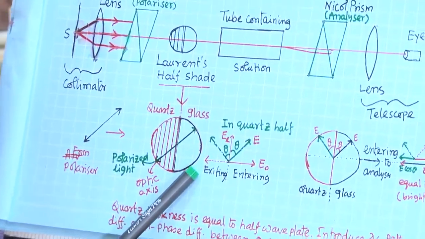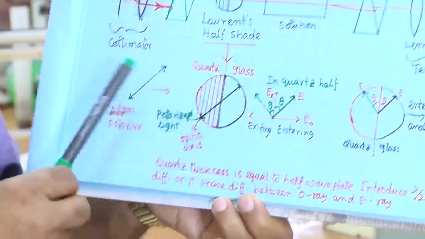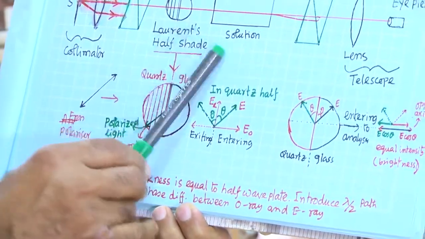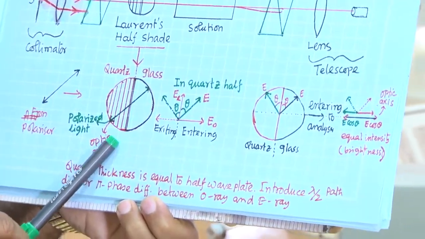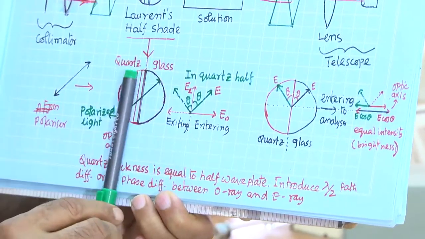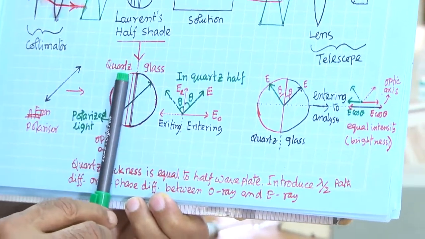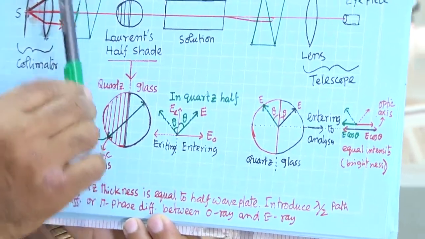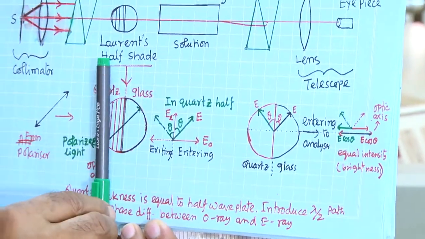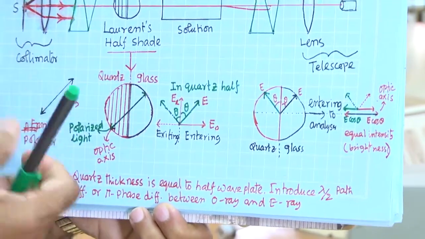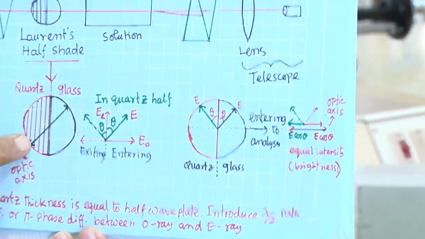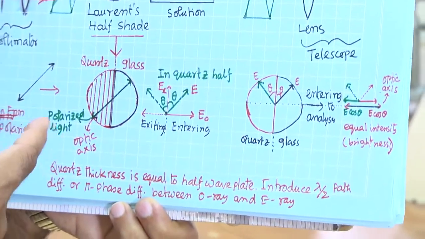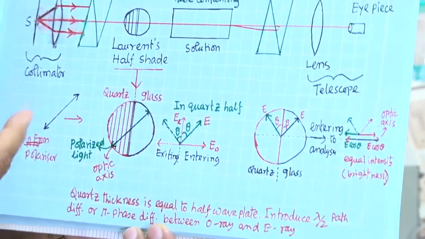Now, if you use this half shade, one condition is that the optics axis will be parallel to the surface. Another is that the thickness of this quartz plate is such that it is a half wave plate.